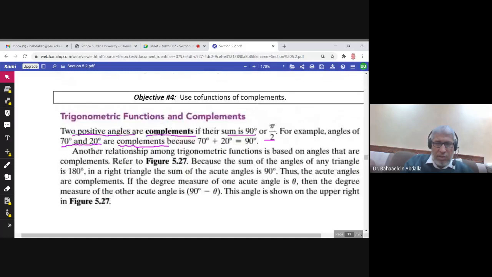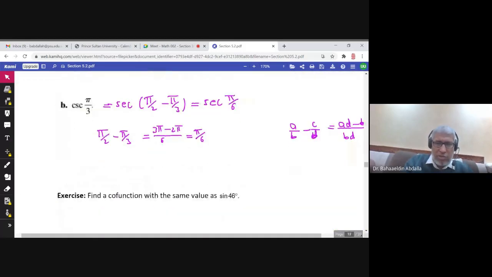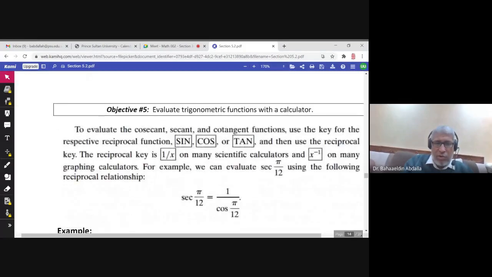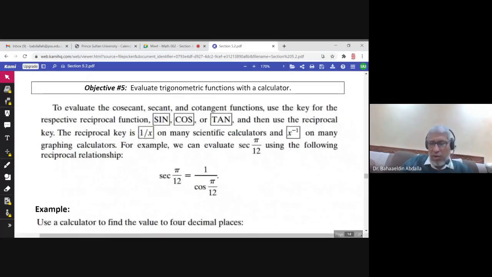We are still in section 5.2, and today we will talk about how to evaluate trigonometric functions using a calculator. You have three buttons on the calculator for sine, cosine, and tan.